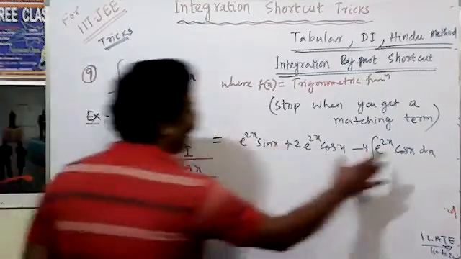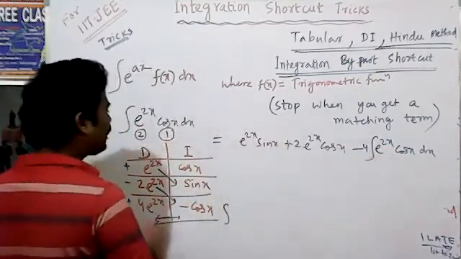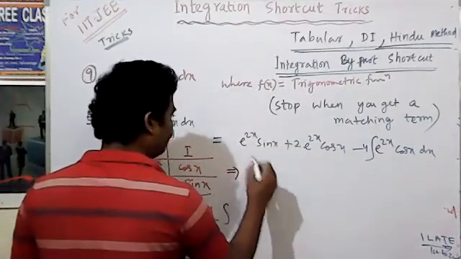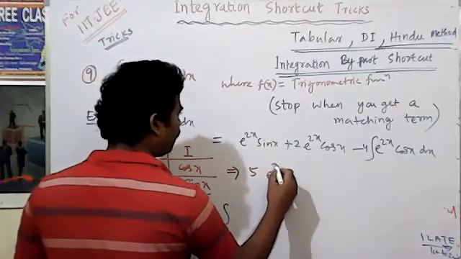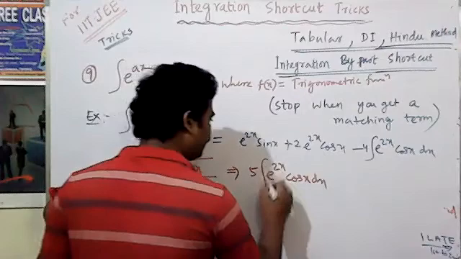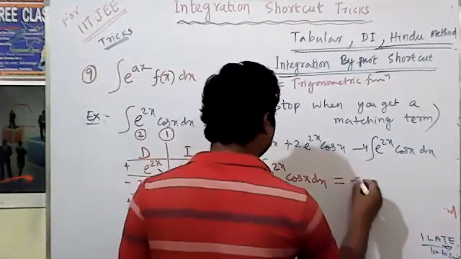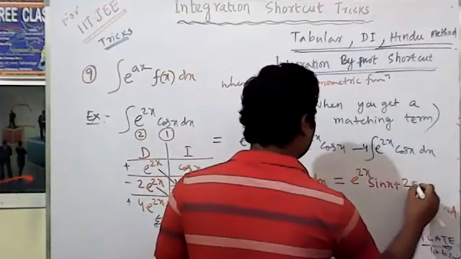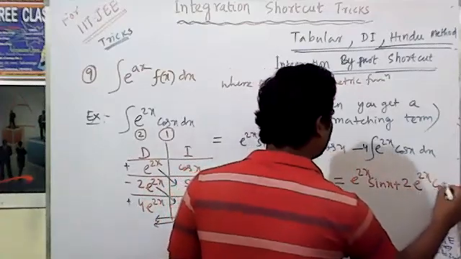ये I, ये माइनस 4I लेफ्ट साइड चलाएगा तो क्या होगा? That implies 5 times the integration of e to the power 2x cos x dx is equal to e to the power 2x sin x plus 2 e to the power 2x cos x.